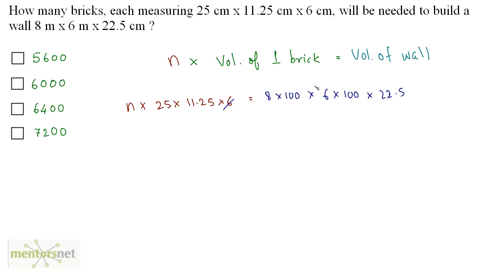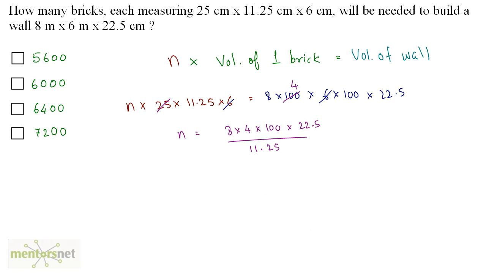So this 6 and this 6 go out. We can cut this 25 and this 100. 25 times 4 is 100. So we have n equals 8 times 4 times 100 times 22.5 divided by 11.25.